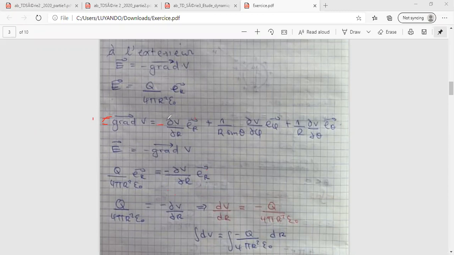Since it is only in the direction e_r, the other terms are 0. So E, which is Q over 4 pi r squared epsilon 0 in the direction e_r, equals negative dV over dr in the direction e_r. Clear? That's how we came up with this expression.